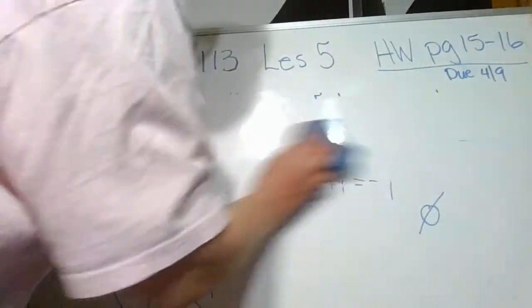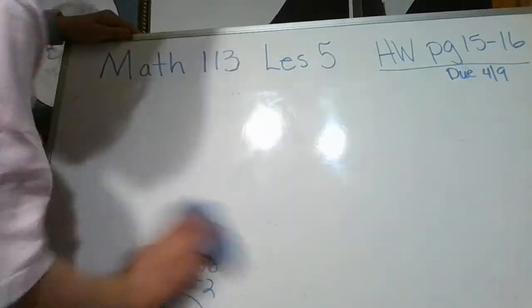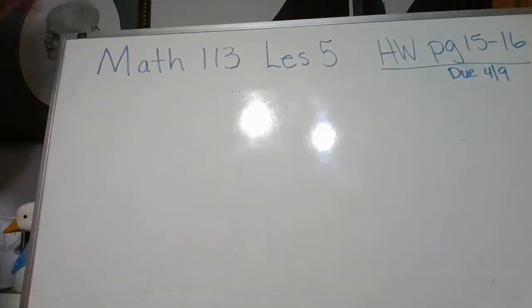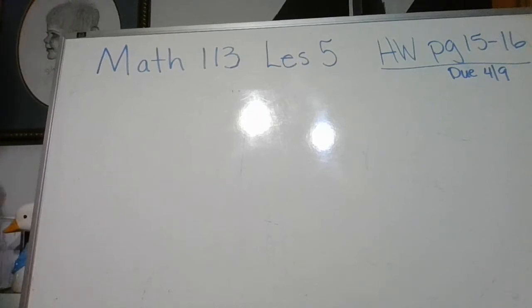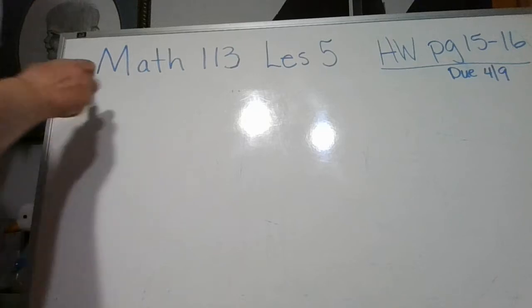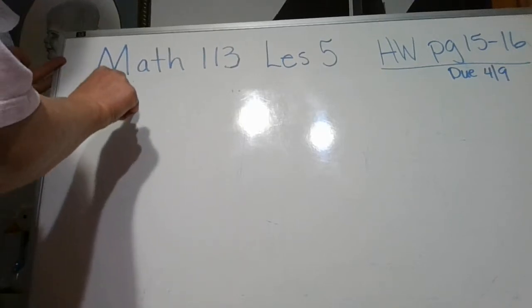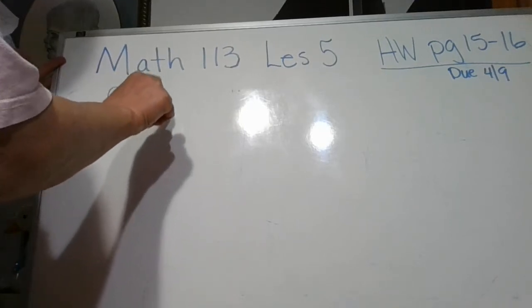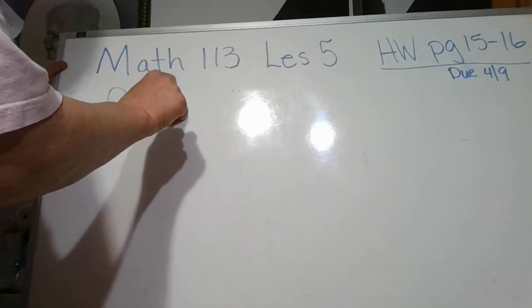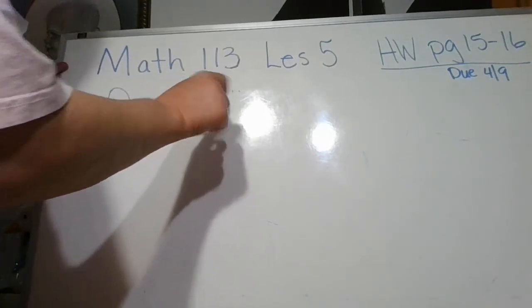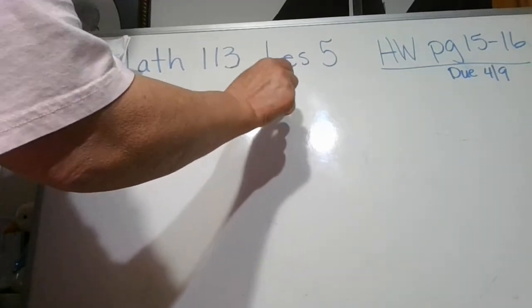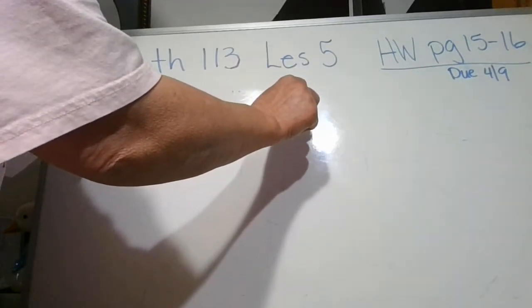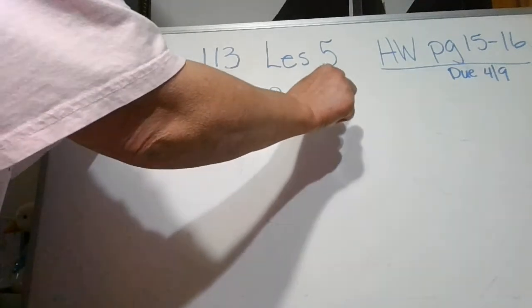We're still on page 13, and now we're going to look at quadratic equations. Remember, quadratic equations have a square in them, for like x squared plus 6x plus 8.